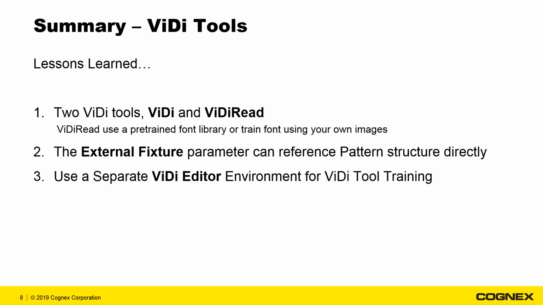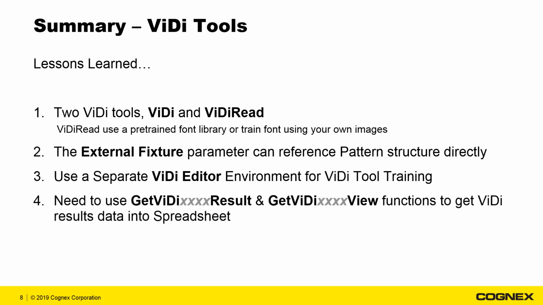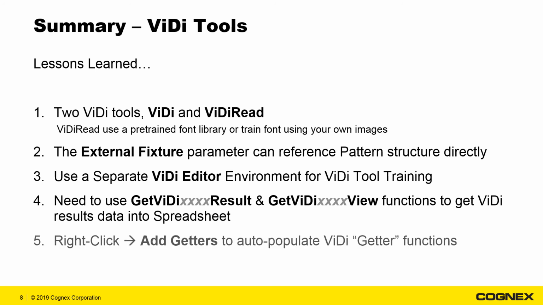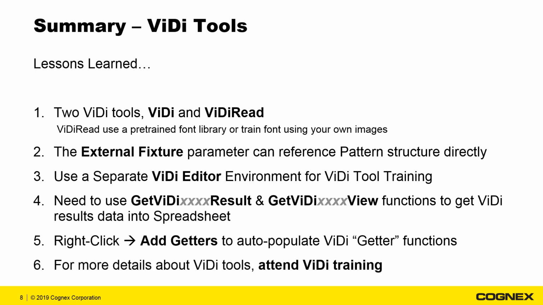Third, we learned how to access ViDi tool editors to train the neural networks used by ViDi tools. Fourth, we learned we need to use getViDiResult and getViDiView functions to get ViDi results data back into the spreadsheet. Fifth, we learned about the Add Getters menu option to auto-populate ViDi getter functions into the spreadsheet. And lastly, for more specific details of how to use ViDi tools, please attend a ViDi training class.